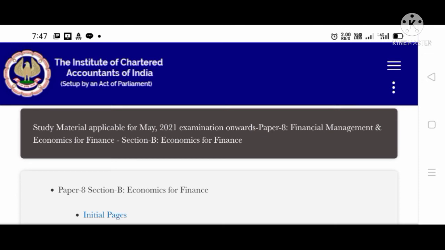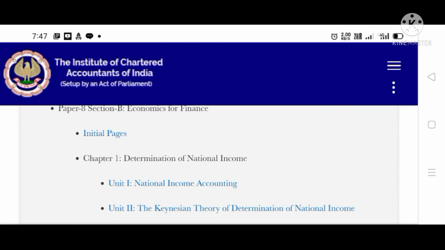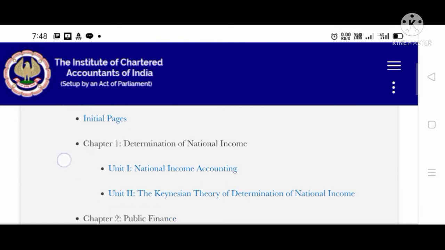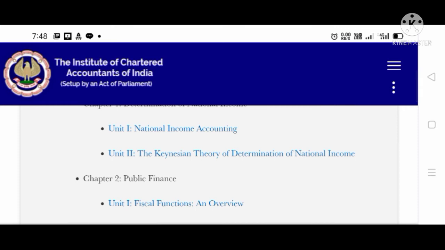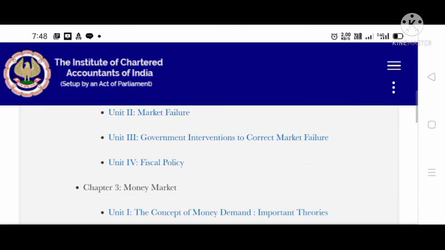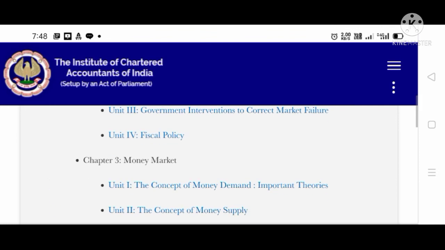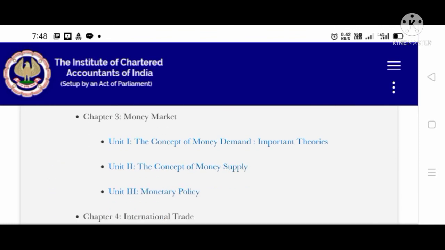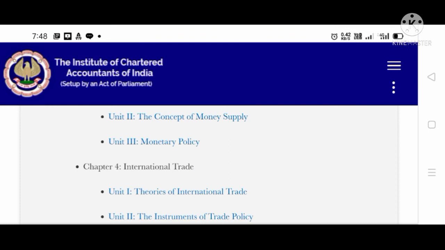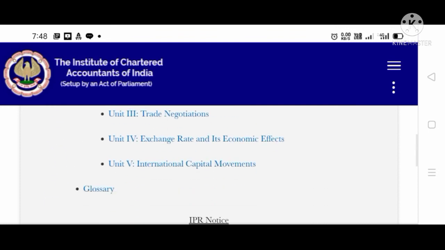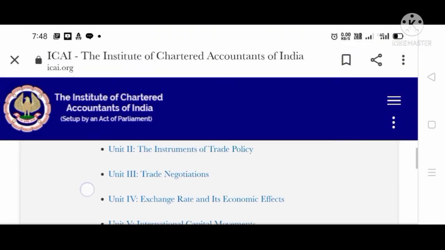They are Chapter 1, Determination of National Income, which has 2 units; Chapter 2, Public Finance, which has 4 units; Chapter 3, Money Market, which has 3 units; and Chapter 4, the last chapter, International Trade, which has almost 5 units. These are the subject-wise separations.